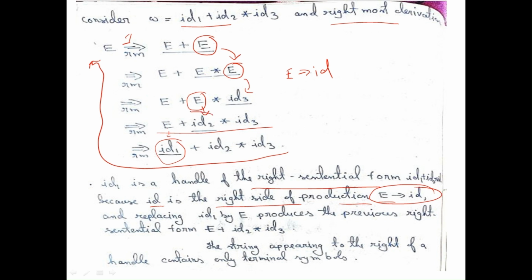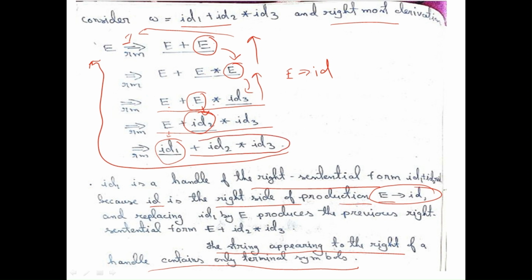In the same way, ID2 is going to be the next handle, because replacing this by E, we get the previous rightmost derivation, E plus E into ID3. And in the same way, we can move to the start of the derivation. And you can consider the string appearing to the right of a handle contains only terminal symbols. Just see, a combination of terminal symbols. Next, terminal symbols.